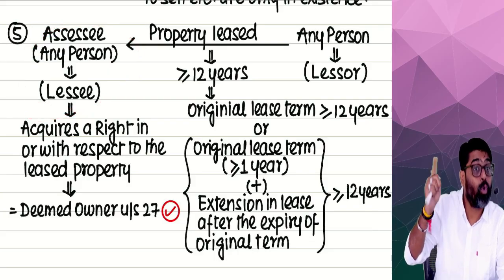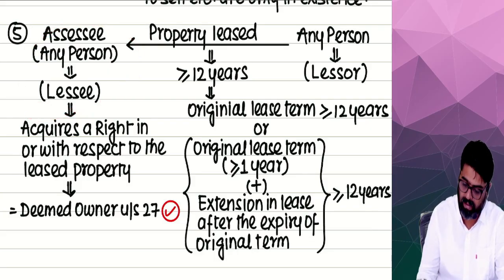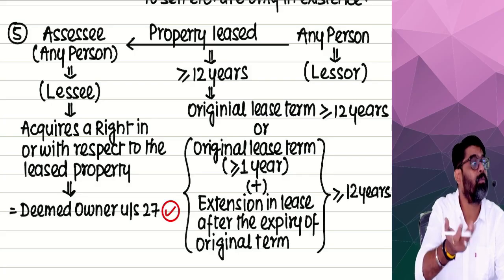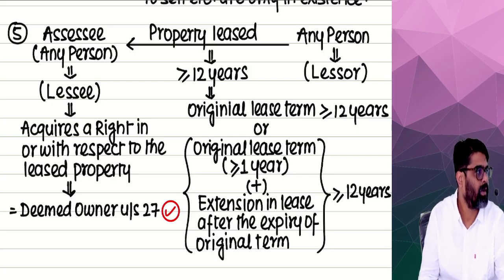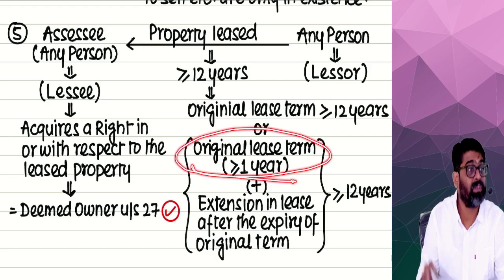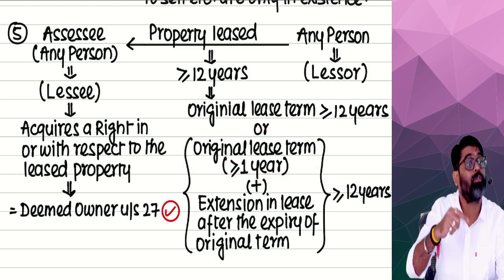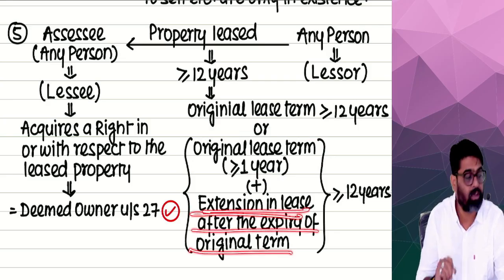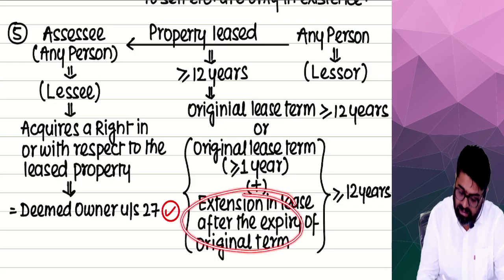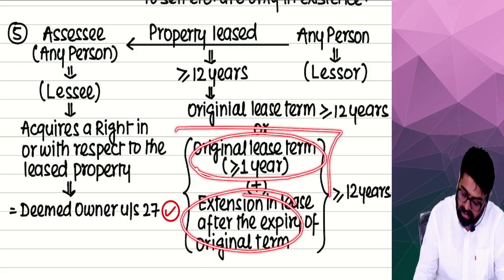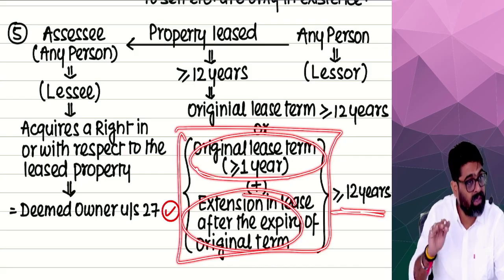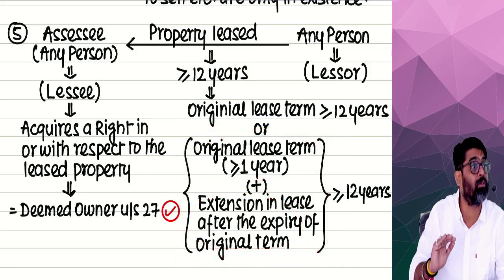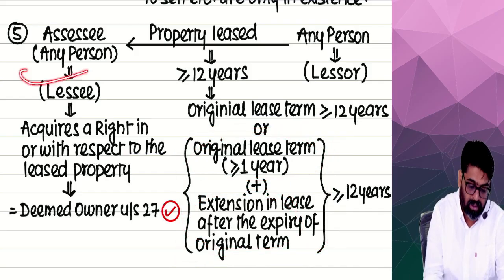But if the original lease term is less than 12 years, still that right can come to the lessee, provided the original lease term plus the extension in lease, both these periods taken together, total 12 years or more. Then the lessee gets that right.